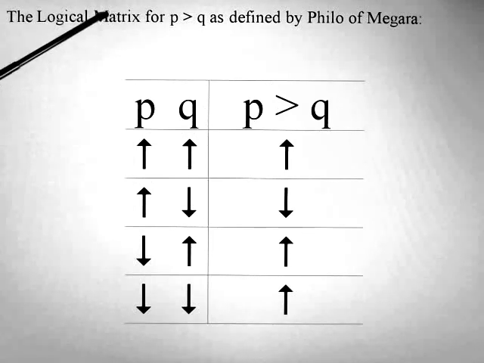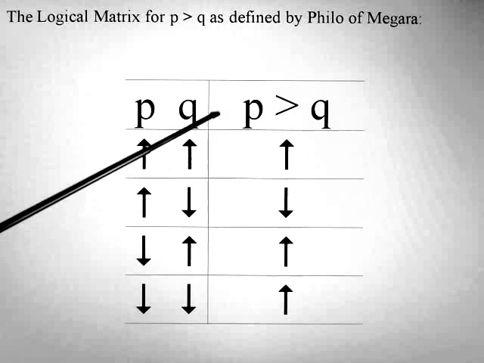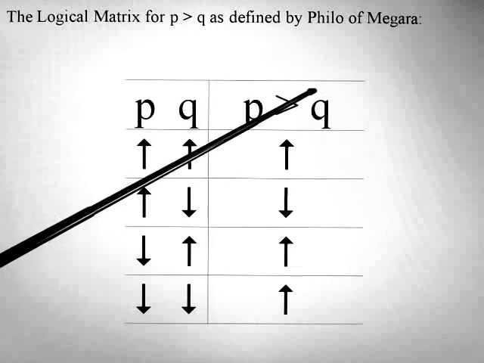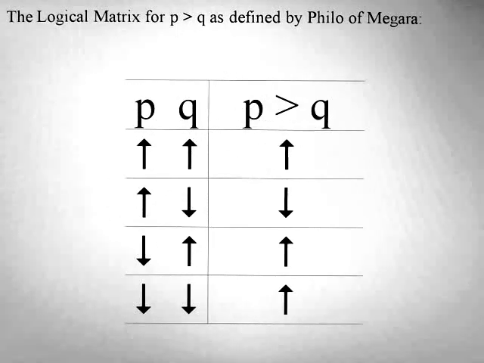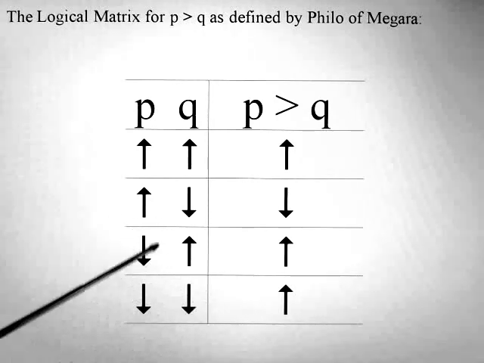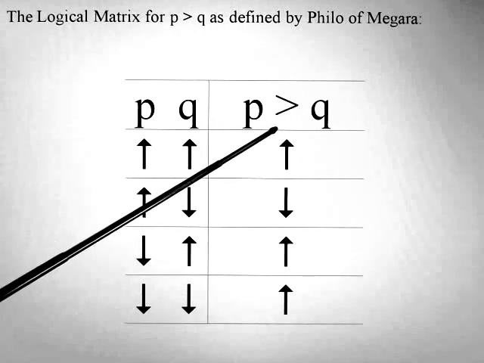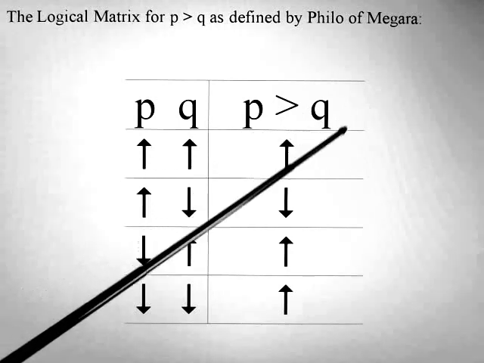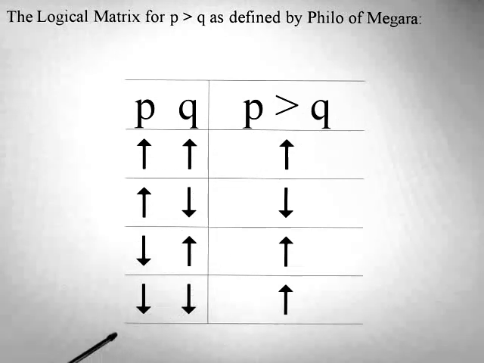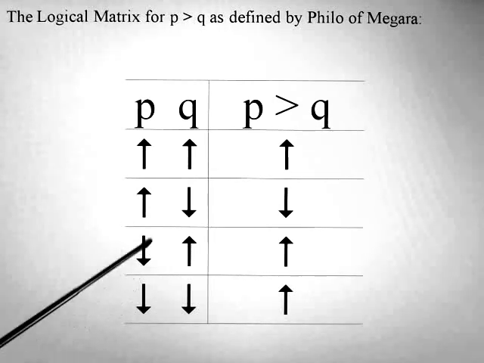And so if P is true and Q is true, a true proposition implies a true proposition, and that is fine. Or if P is false, regardless of what Q is, the implication that P implies Q will be true because we assume, or at least Philo of Megara assumed, that we go along with him, that a false proposition will imply anything.